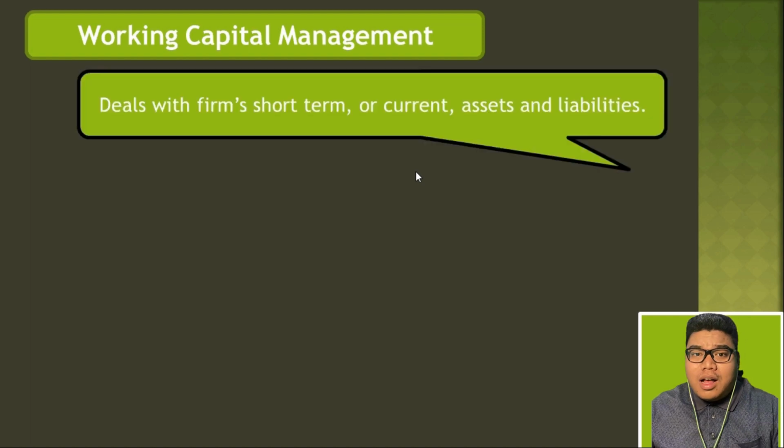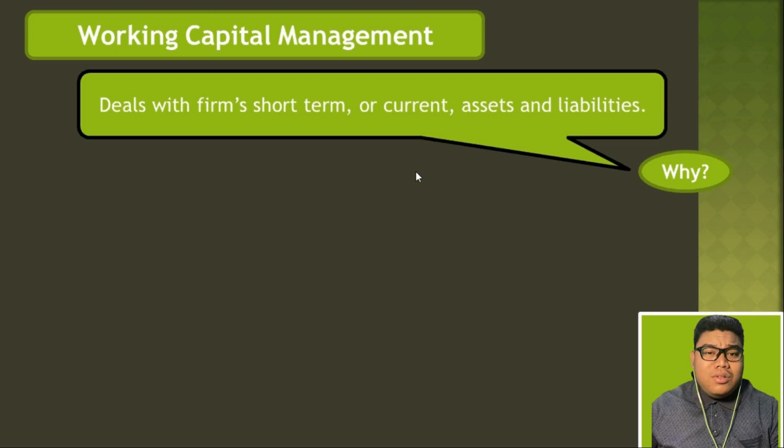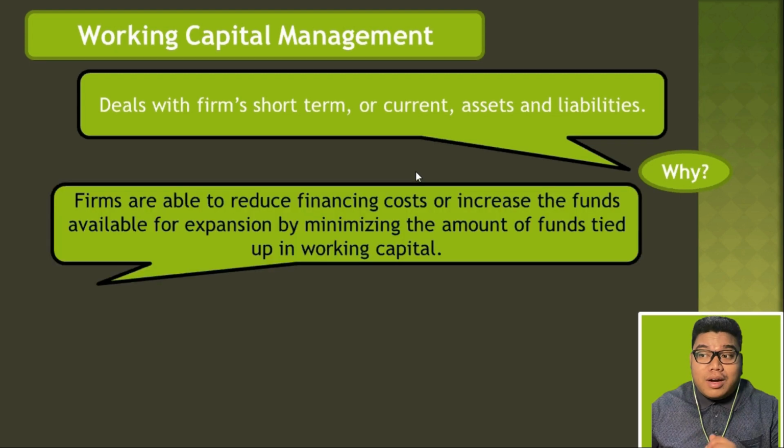So to start, what is working capital management? This deals with the firm's short-term or current assets and liabilities. Why do we need to manage our working capital? We want our assets or our resources to be utilized in such a way that they would produce output or value.